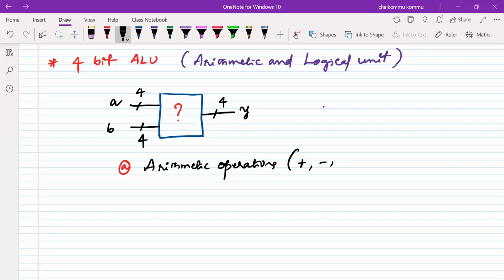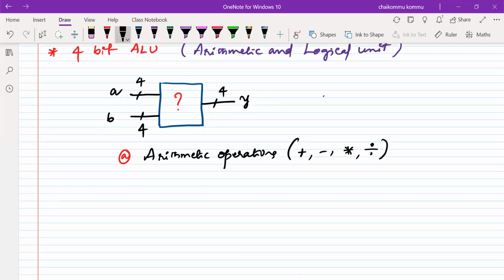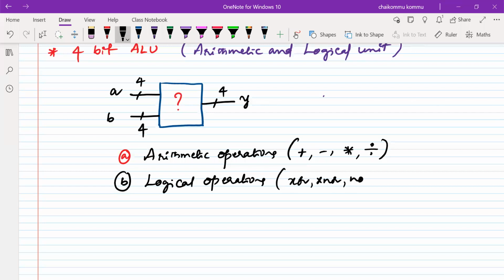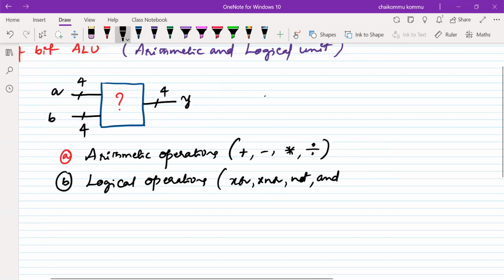Addition, subtraction, multiplication, division. So these are the available arithmetic operations. The second one is logical operations, like XOR, XNOR, NOT, NAND, etc. So many are there, right?